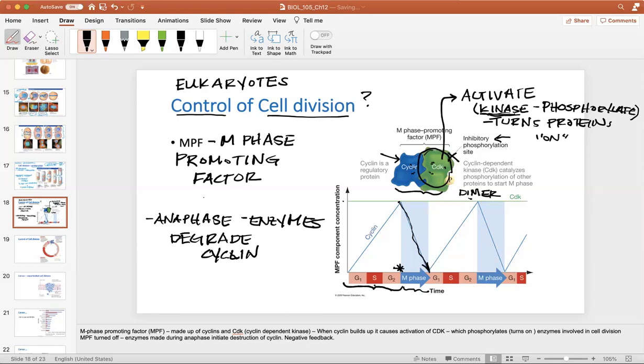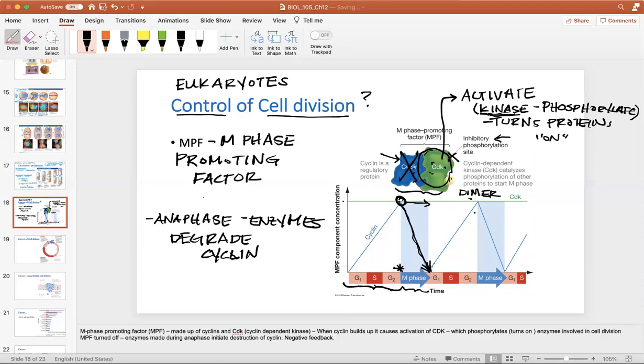So what that means is this combo turned a bunch of enzymes on. Those enzymes started the process of mitosis. But throughout mitosis, additional enzymes come along and make a product that chews this guy up, causing this concentration to go down again, which is going to shut off the division process, okay?